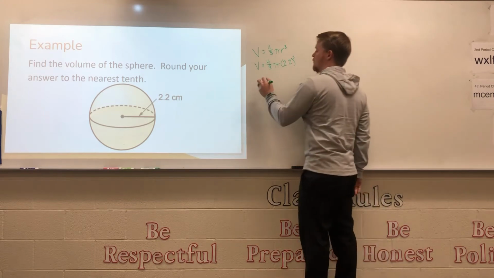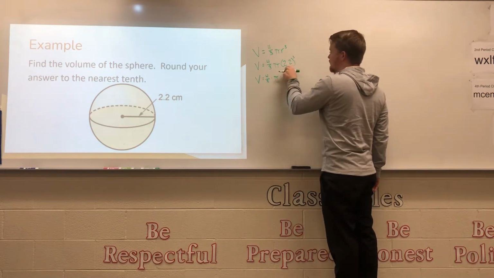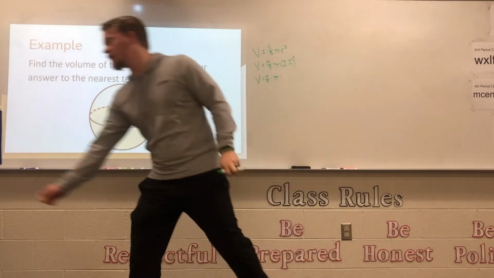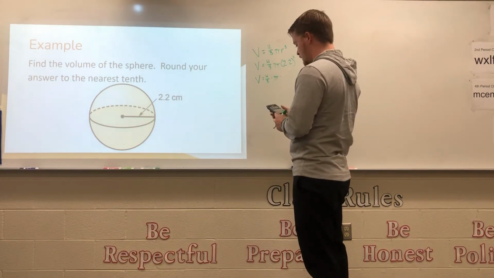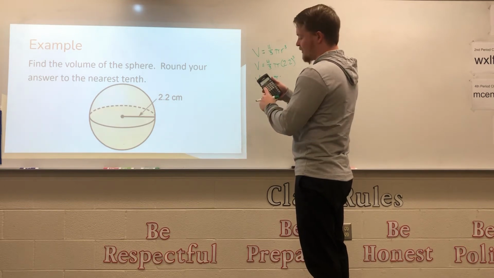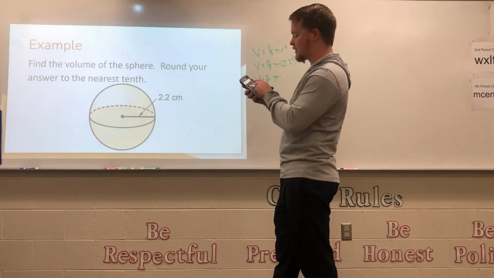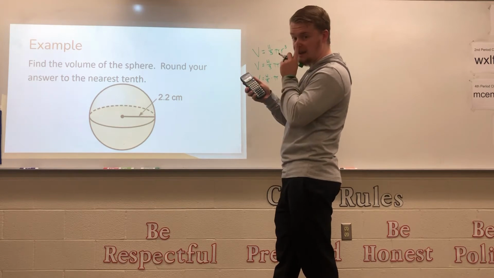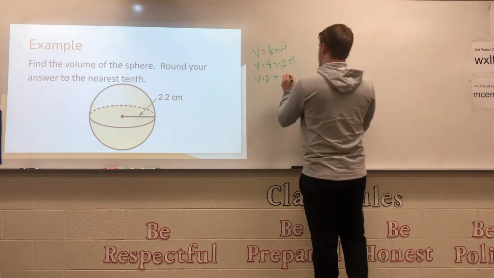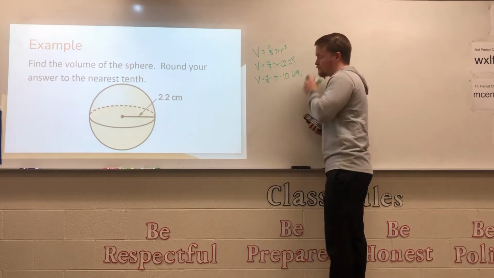So now bring down V equals 4/3 times pi times 2.2 to the third power, so we need to plug that in and figure out what that is to simplify it. So in your calculator, 2.2, and then if you have a TI-30XA, you hit the second 1 button, so 2.2, second 1, and that will take it to the third power for you, and that is 10.648.